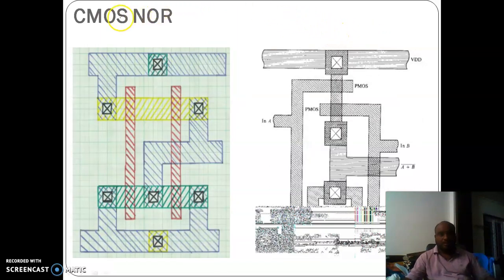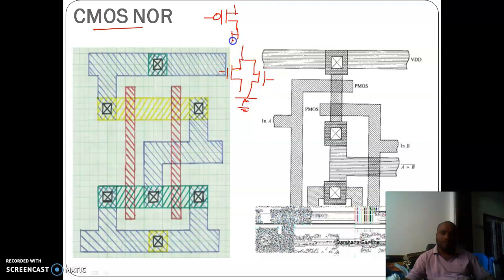And then comes a CMOS NOR gate. Similar to the CMOS NAND gate, in the pull down network of the CMOS NOR gate, we have two NMOS transistors connected in parallel, so that is obvious.